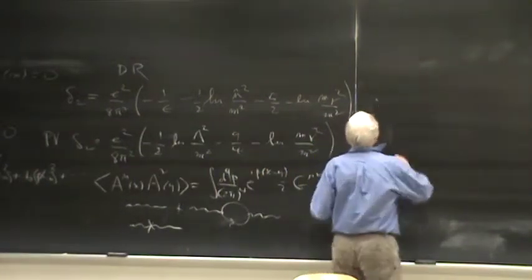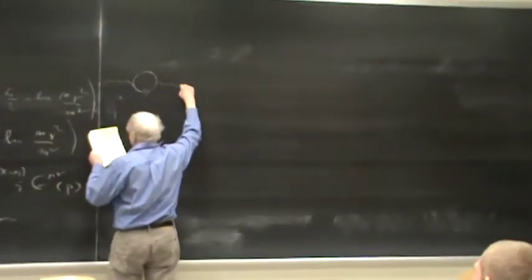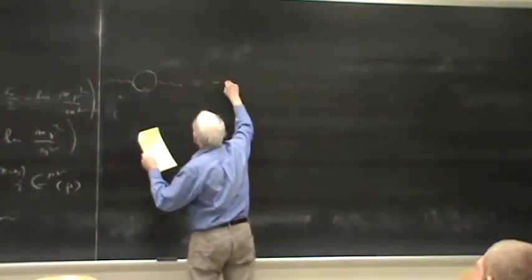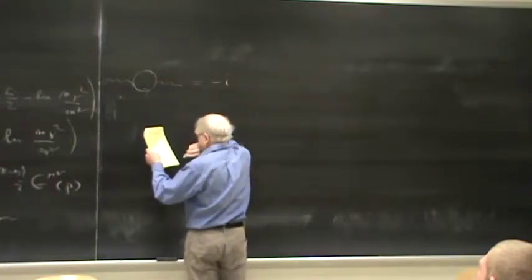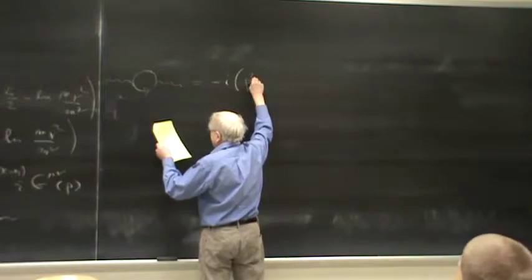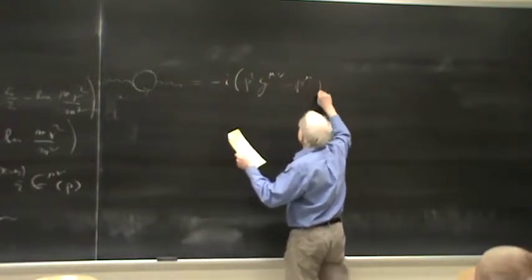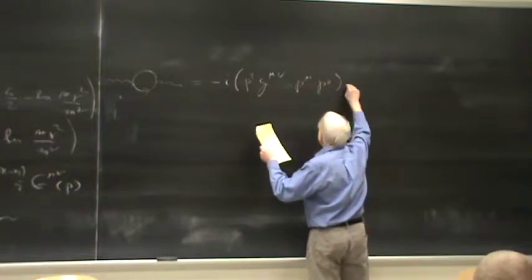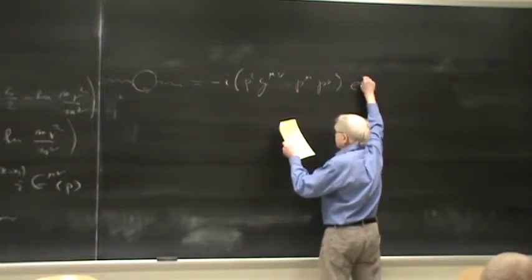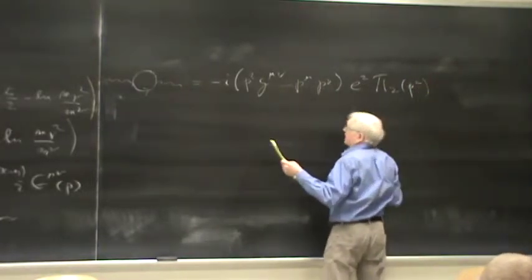Okay, so what was this one-loop thing that we did last time, or the time before, I don't remember now. Minus i, p squared g mu nu minus p mu p nu. And we're going to write it as e squared pi 2 of p squared.